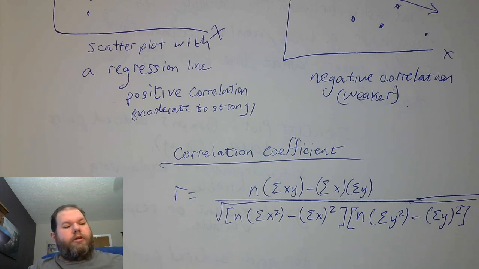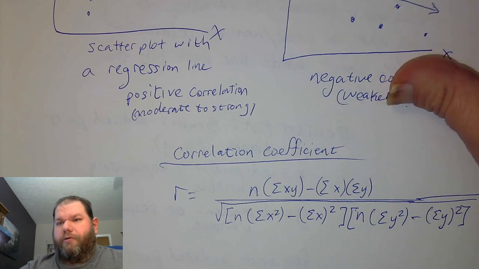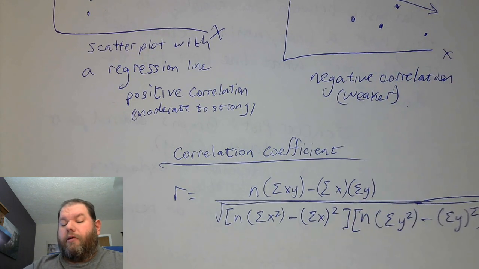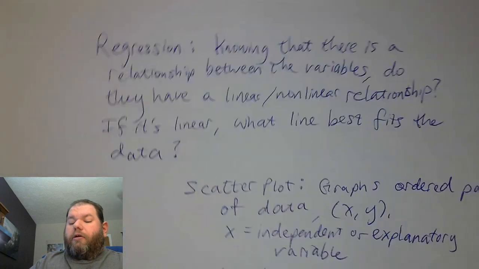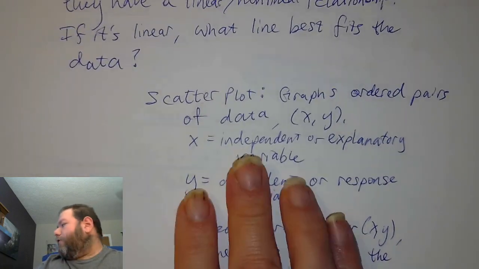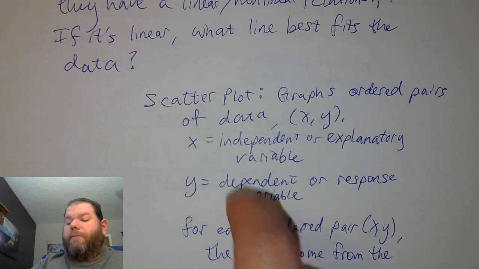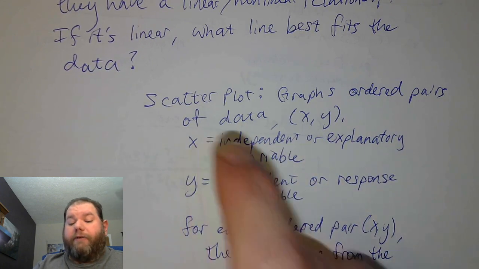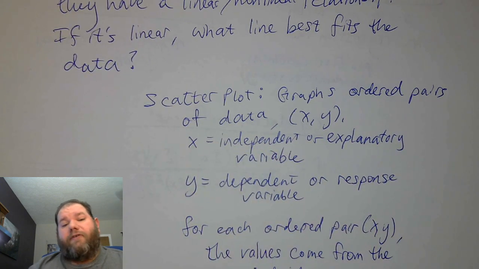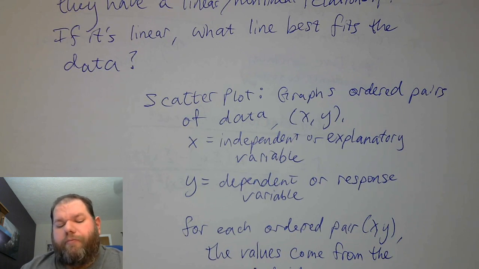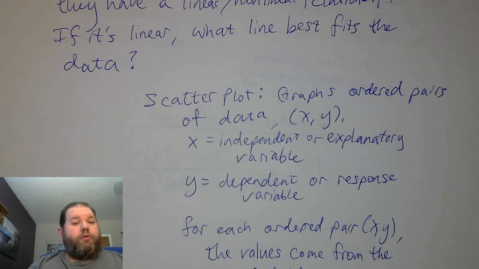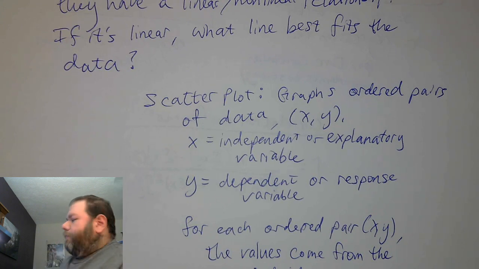You'll remember I talked about the variables being either the independent or explanatory variable for x, or the dependent or response variable for y. So I'm going to go to our data for the project and pick out two variables, one where one clearly depends on the other.